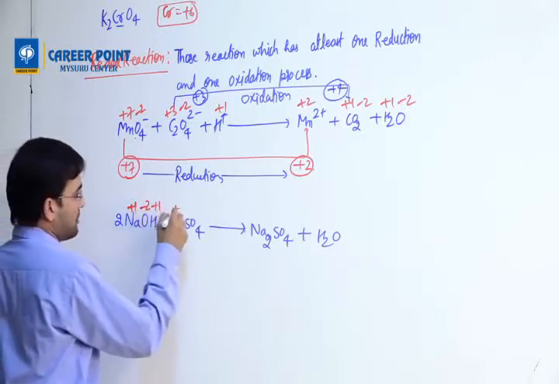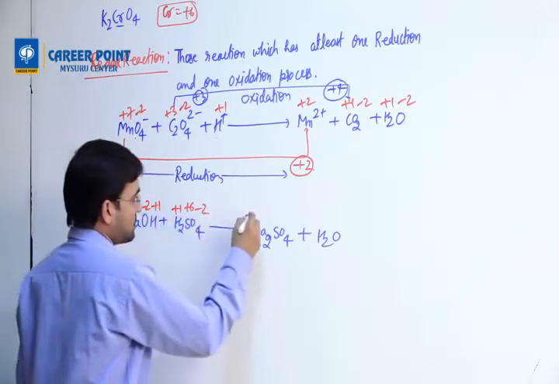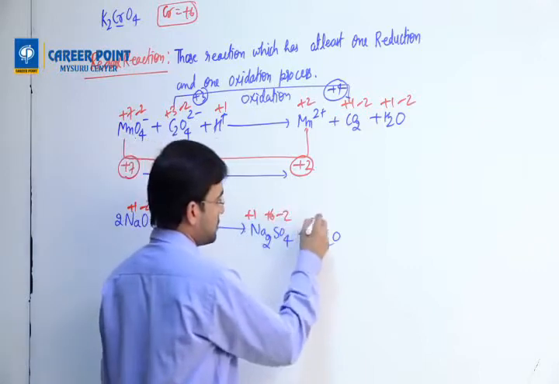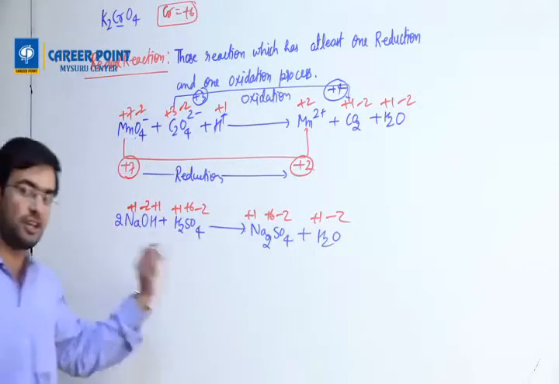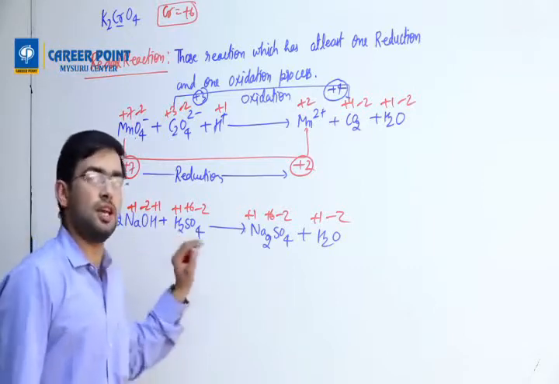Write the oxidation numbers: +1, -2, +1, +1, +6, -2, +1, +6, -2, +1, -2. If it is a redox reaction, then some oxidation number should change.